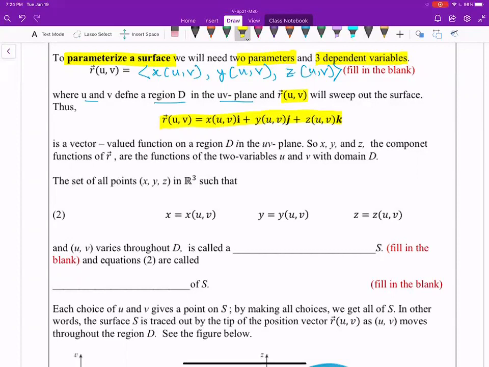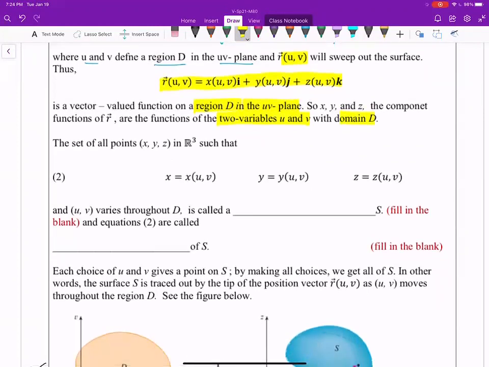And this is a vector, and it's a vector valued function on the region D in the uv plane. So x, y, and z, the component functions of r, are the functions of the two variables u and v with the domain D. The set of all points x, y, z in R3 such that x as a function of u and v, y as a function of u and v, z as a function of u and v, and uv varies throughout D is called a parametric surface.